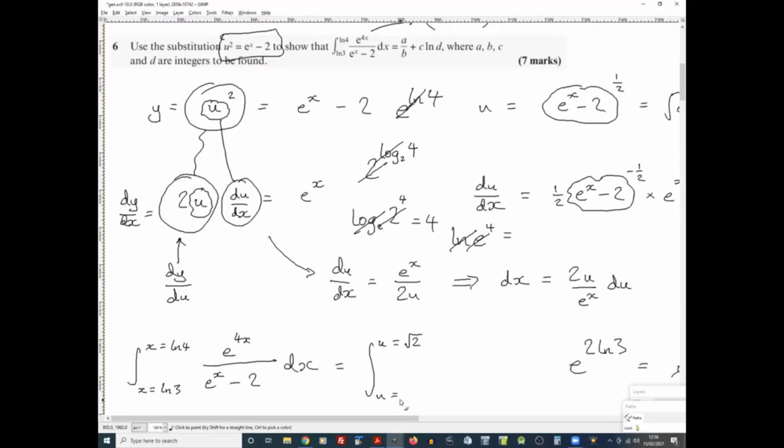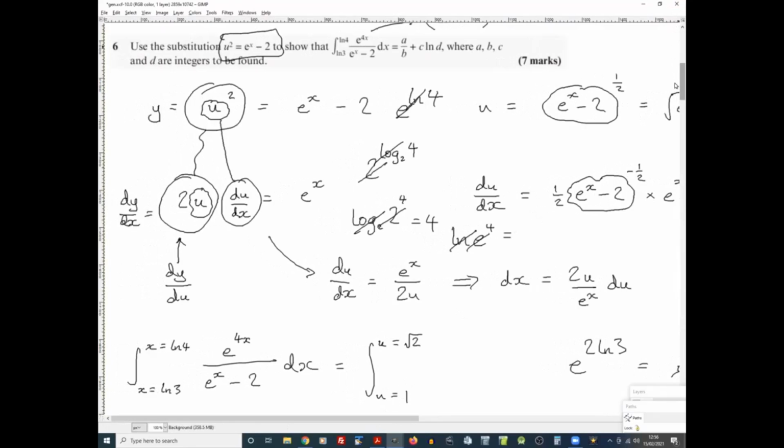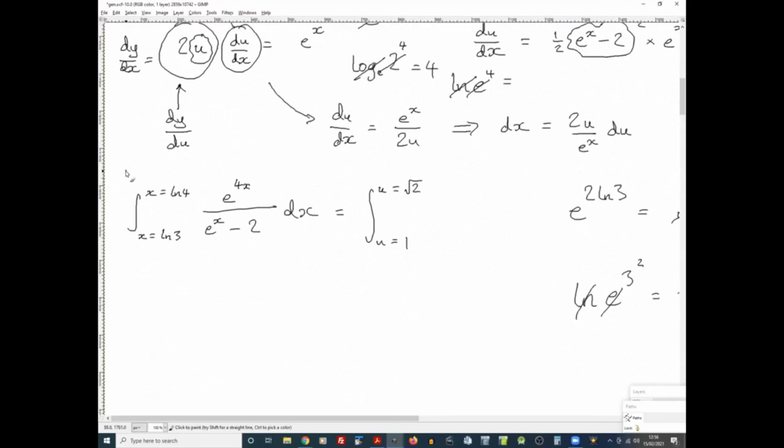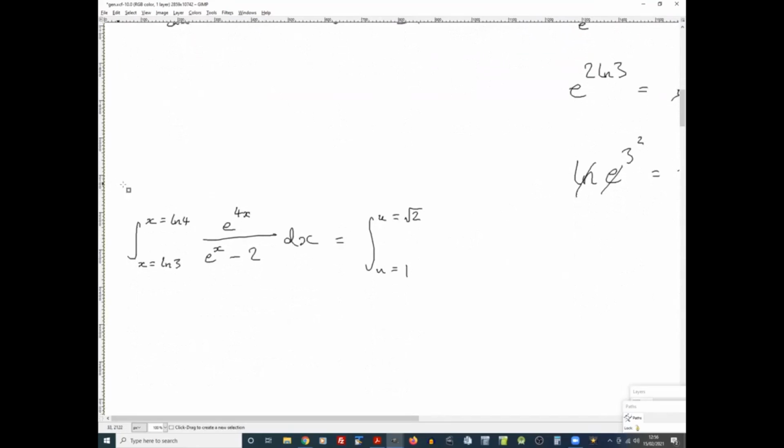So the lower limit is root 1, and this time they don't need switching round because root 2 is higher than 1. Right. So we've done the limits. And then we have u squared plus 2 all to the 4 over u squared, won't we?